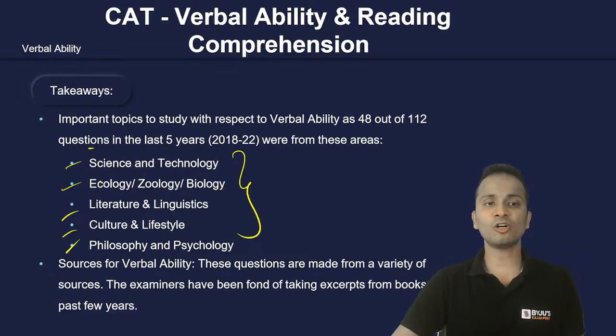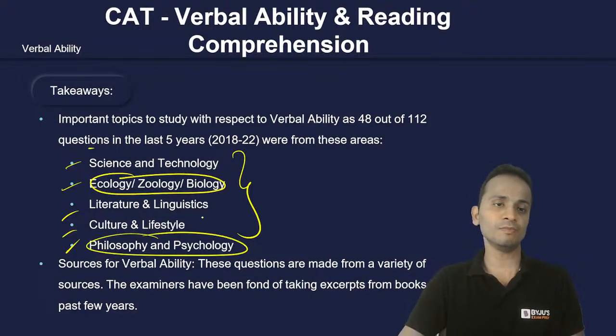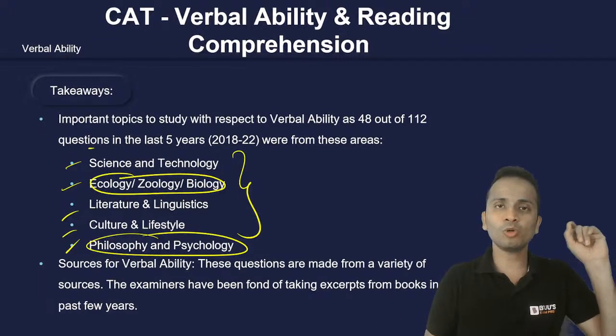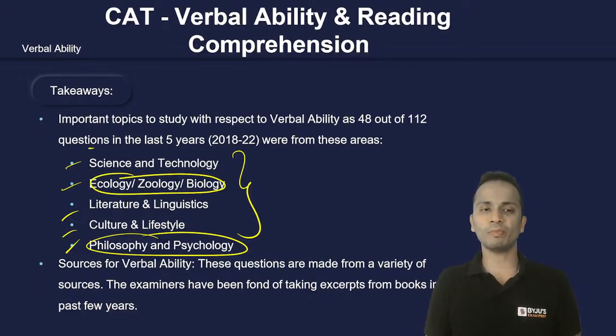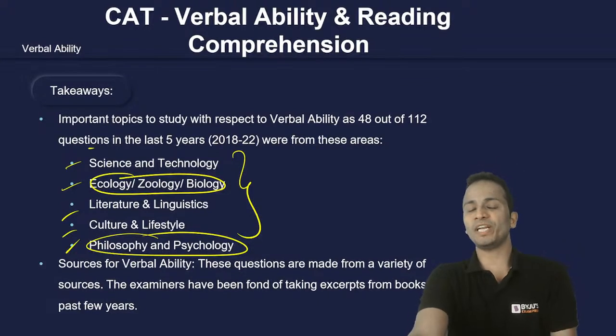So science and technology, ecology, zoology, biology and philosophy and psychology. There are some common areas from which the questions have been asked, both in reading comprehension and verbal ability, right? So you need to definitely develop your area of interest towards these particular genres of reading, right?